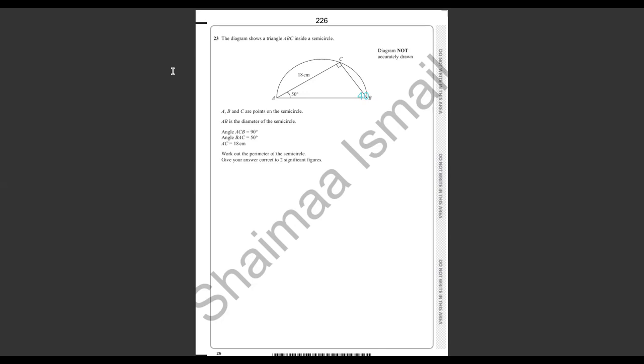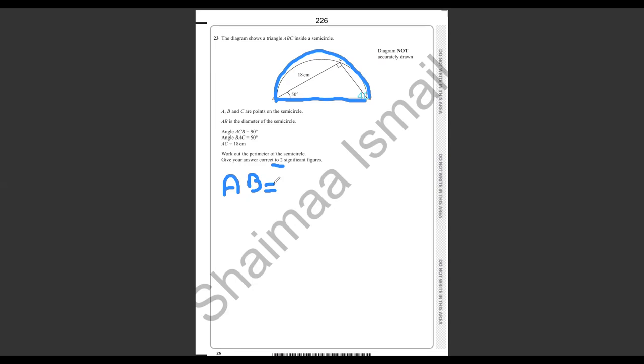Okay, so here we have to work out the length, the perimeter of the semicircle, this plus AB. Actually, AB we can get from Pythagoras. So AB here will be equal to, we can get it from Pythagoras.